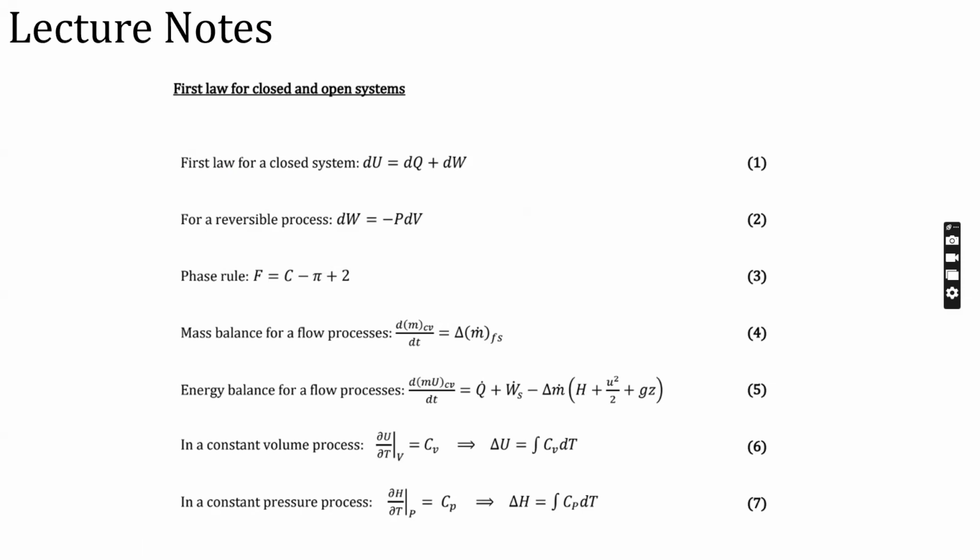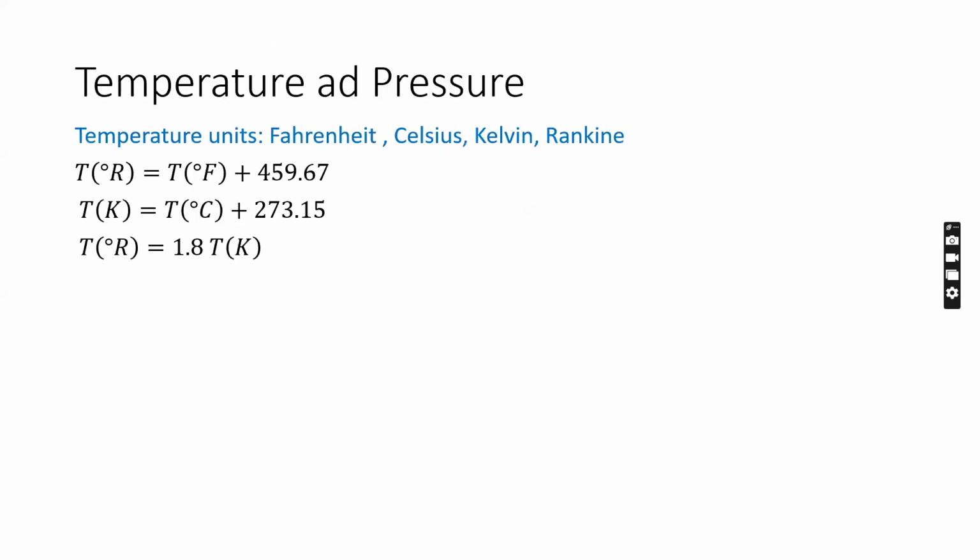So starting with this, in thermodynamics, generally there are fundamental properties of any system, temperature and pressure. And this temperature has different units, Fahrenheit, Rankine, Celsius and Kelvin, and these are interchangeable, like you can convert from one unit to another.